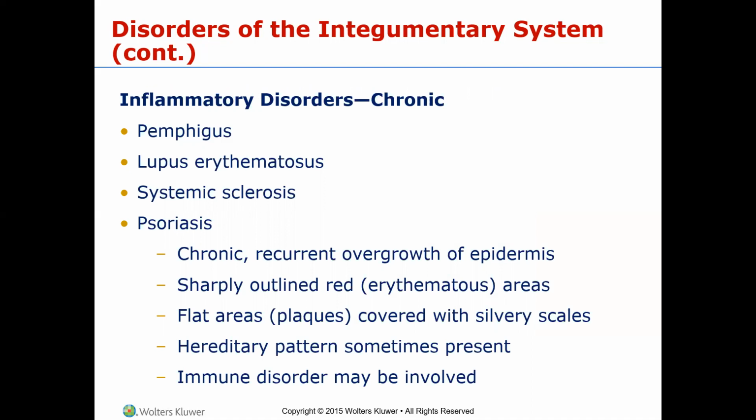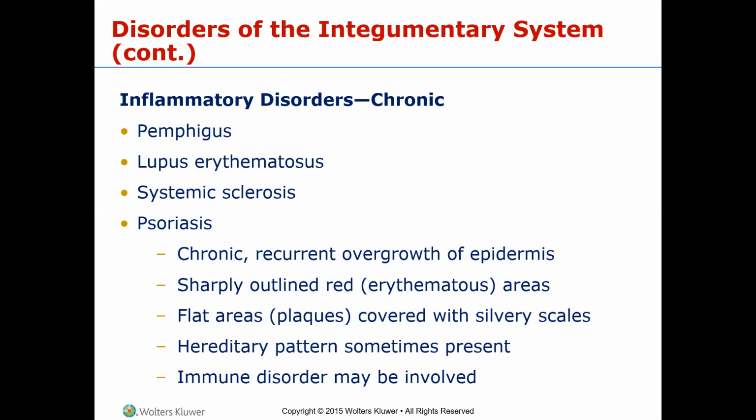Most of these are very, very serious. The pemphigus is characterized by some blistering, and it involves the mucous membranes, and it actually separates out the epidermal cells from the underlying tissues. You get a rupture of these lesions, and it leaves areas of the skin that are unprotected from infection, and you also get a loss of fluid.